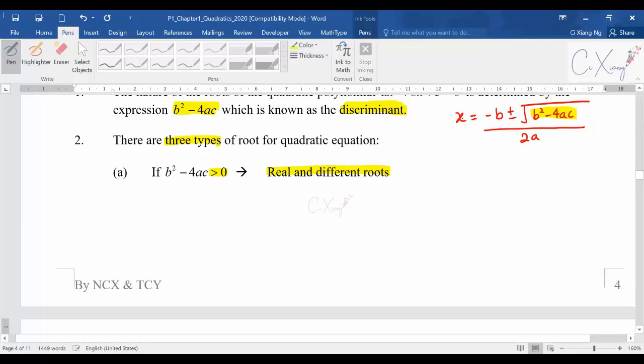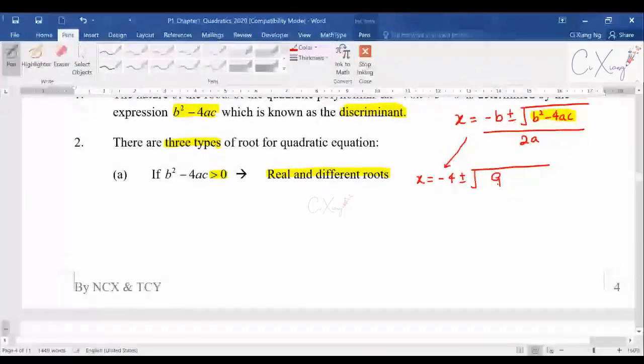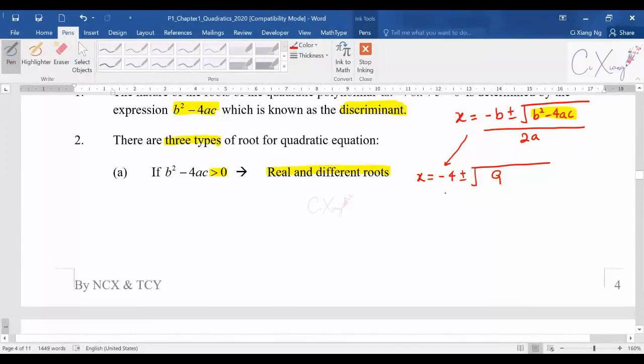So again, I will take this as an example. Maybe I simply put in some numbers. Let's say your b is -4, then plus minus. When they say b squared minus 4ac is greater than 0, maybe I put in a number which is more than 0. Let's say I put in a 9. b squared minus 4ac equals 9. It means it is more than 0, correct or not? Then I simply put in the number 2.